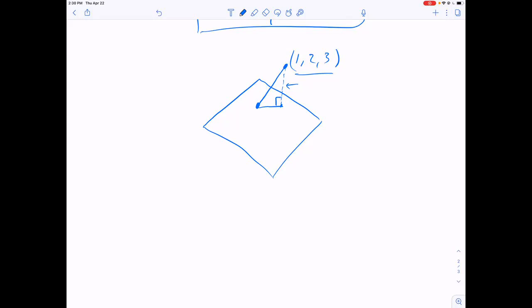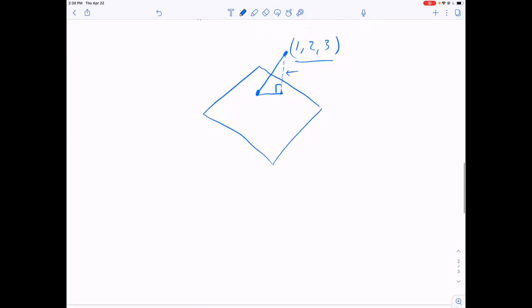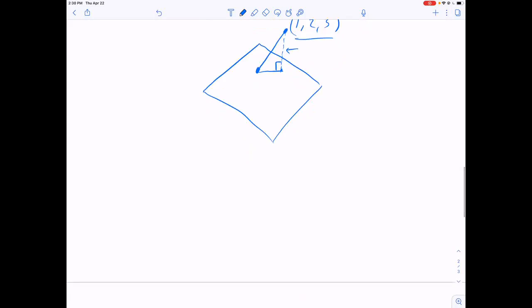So then what do we have to do? The next step is, what is the normal vector to the plane? So the plane is 4x plus 3y plus 2z is equal to 0. And so can someone tell me what the normal vector will be? Yeah, 4, 3, 2. Okay.